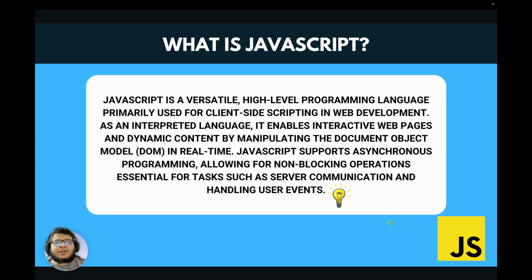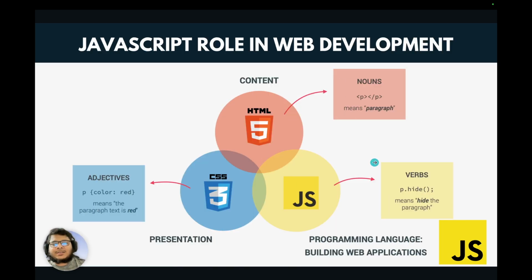Let's move on to our next slide, and talk about the role of JavaScript in web development. Usually, before JavaScript, there are HTML and CSS. HTML is basically the web page content, which shows all the content we input in the hypertext markup language. CSS designs and presents our HTML contents.